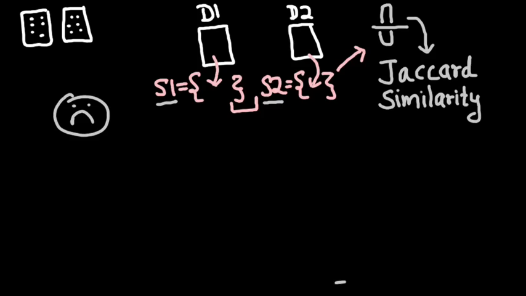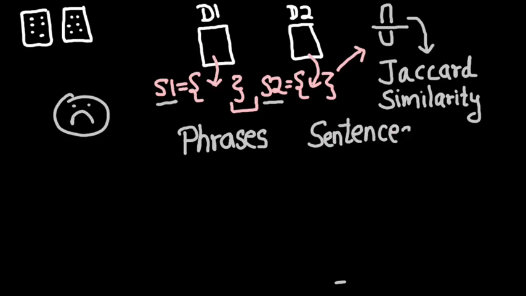There are well-known things which we call phrases, which we call sentences, which together make a document. And phrases and sentences are all about the ordering of the words. So the ordering of the words actually matters a lot.